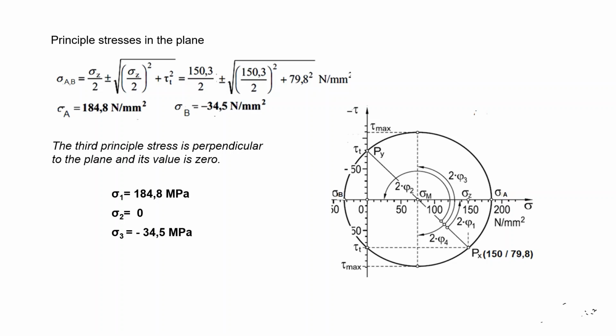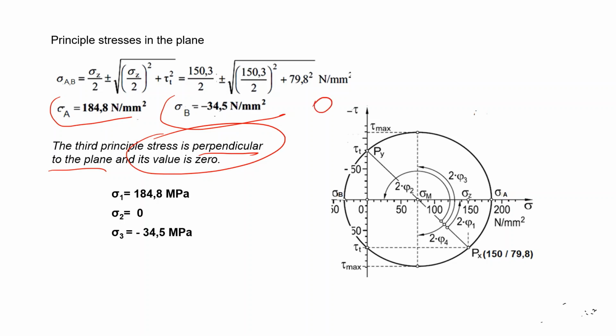Next, we know that these are the principal stresses in the plane. There is a third principal stress, which is perpendicular to the plane and its value is 0. So when you want to name these with proper subscripts, you have to take the maximum of this one as 1.